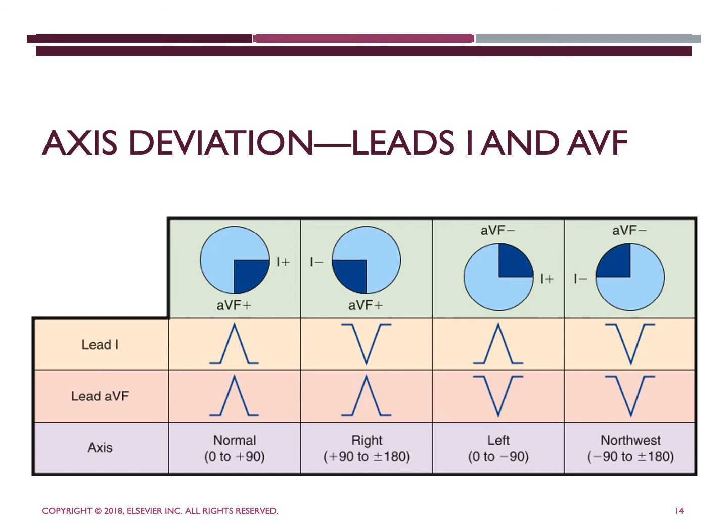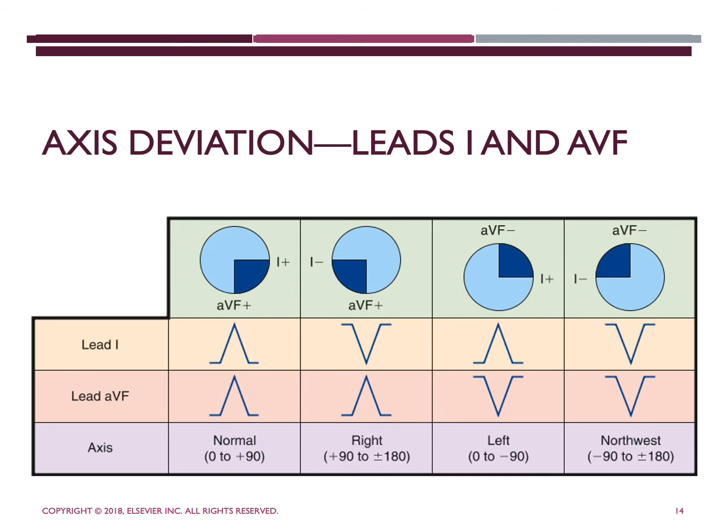Now, when we get into left axis deviation, the QRS complex is predominantly positive in lead 1 and negative in aVF. In an indeterminate axis, the QRS is primarily negative in both 1 and aVF, and we have a markedly abnormal, indeterminate, or northwest axis that is present.